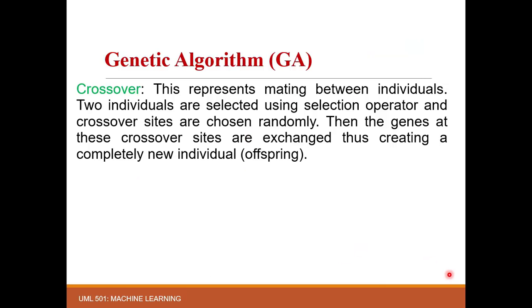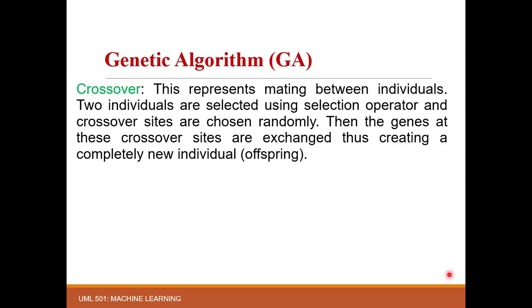Crossover. This represents meeting between individuals. Two individuals are selected using selection operator and crossover sites are chosen randomly. Then the genes at these crossover sites are exchanged, thus creating a completely new individual, or you can say offsprings.